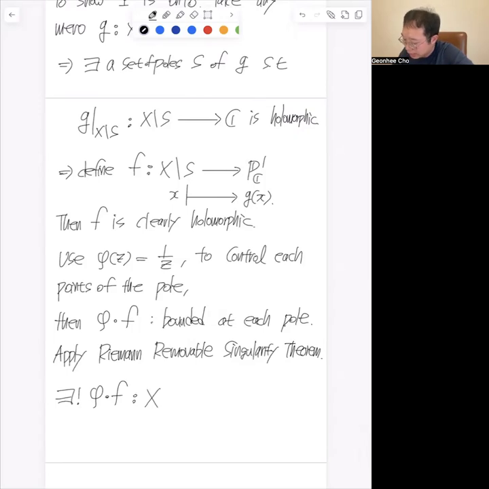Now we have F from X to P1, and we can throw this part away, so that now we have just a map F, which is holomorphic.